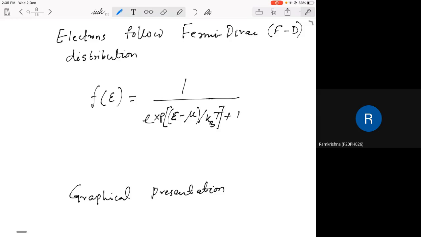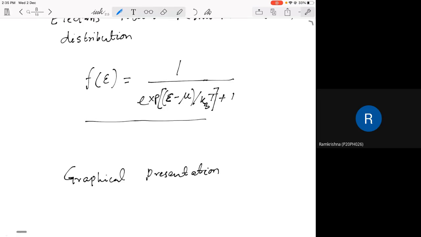Electrons being fermions follow this Fermi-Dirac distribution, where mu is your chemical potential, which will be equal to the Fermi energy at T equal to 0 Kelvin.